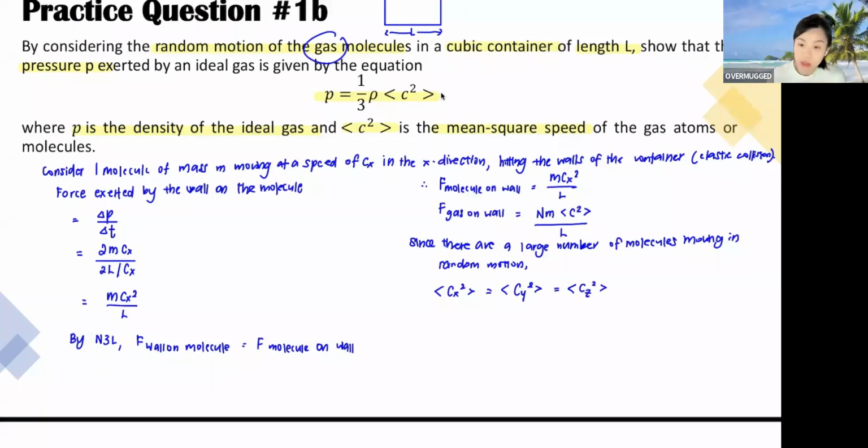Do you agree? Because the molecules are moving the same in all directions. We cannot just say they're only moving in the x direction.